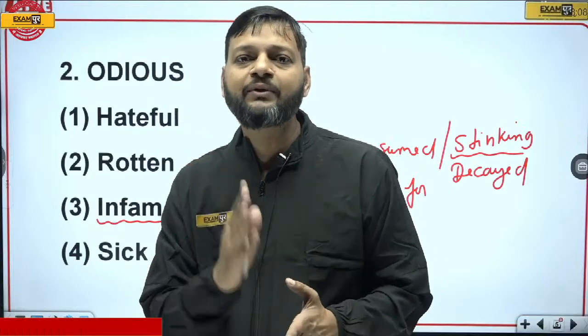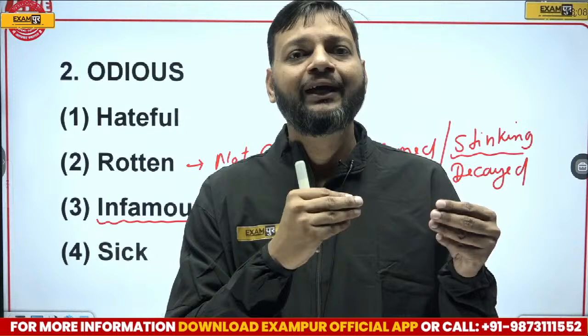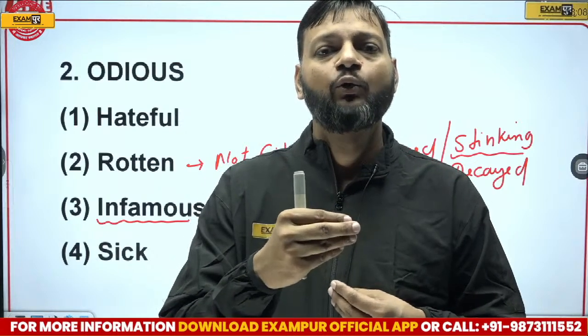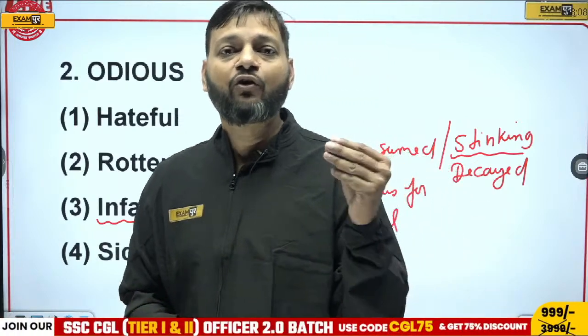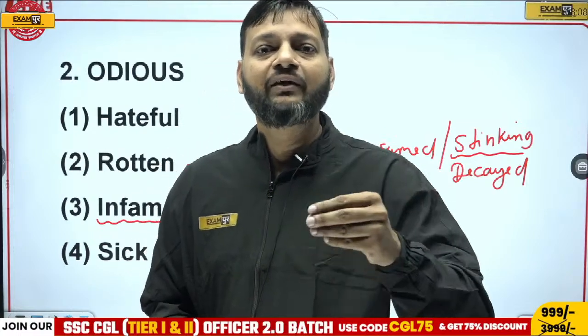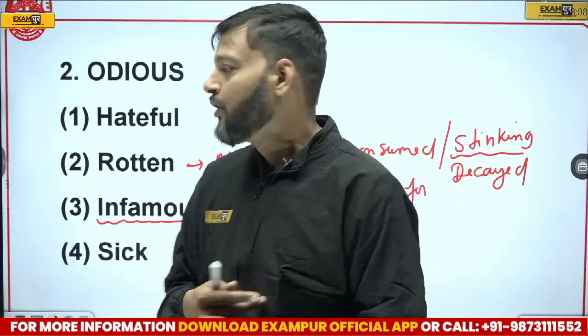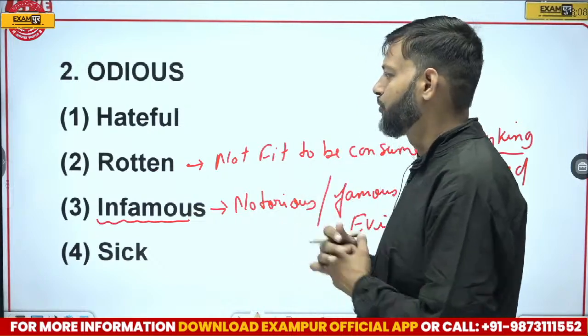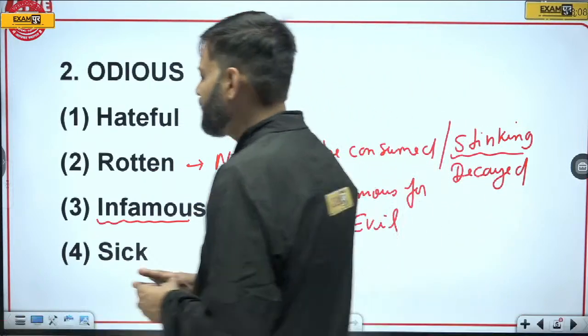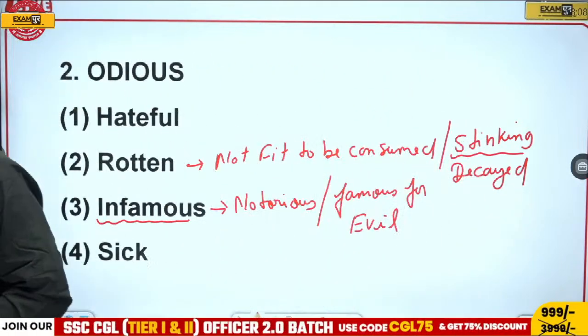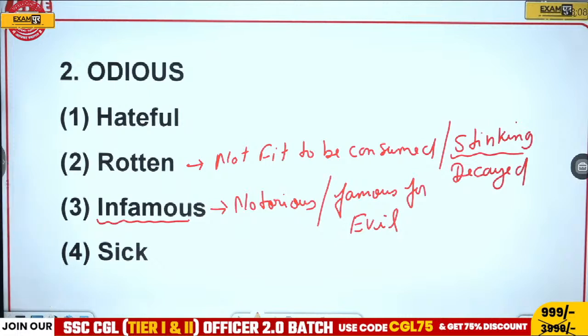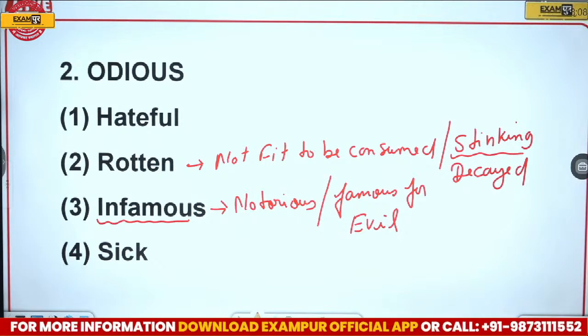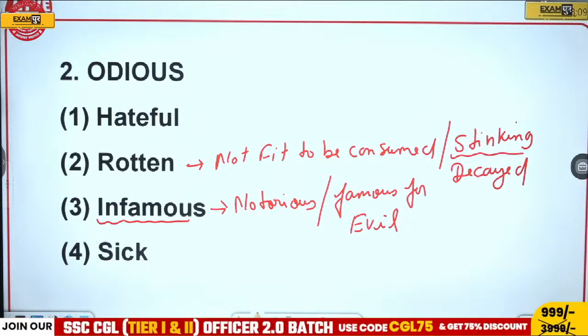For anyone who is well known for his wrong deeds, we call him notorious. So infamous means notorious, right? So don't get confused. People often think that infamous is the antonym of famous, but this is not true.